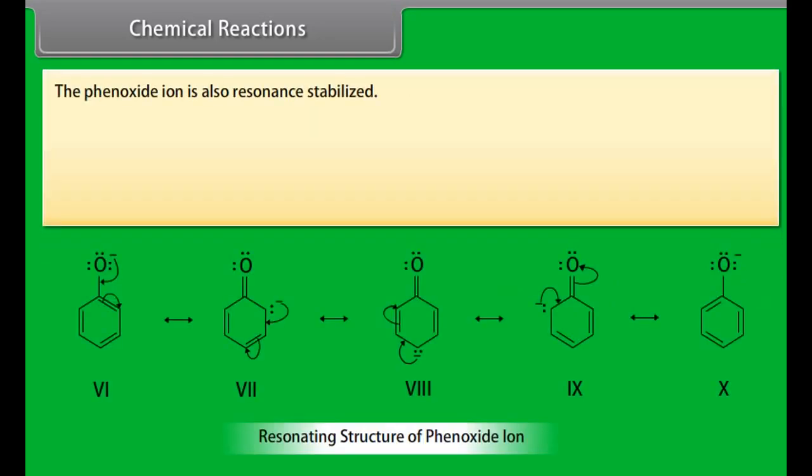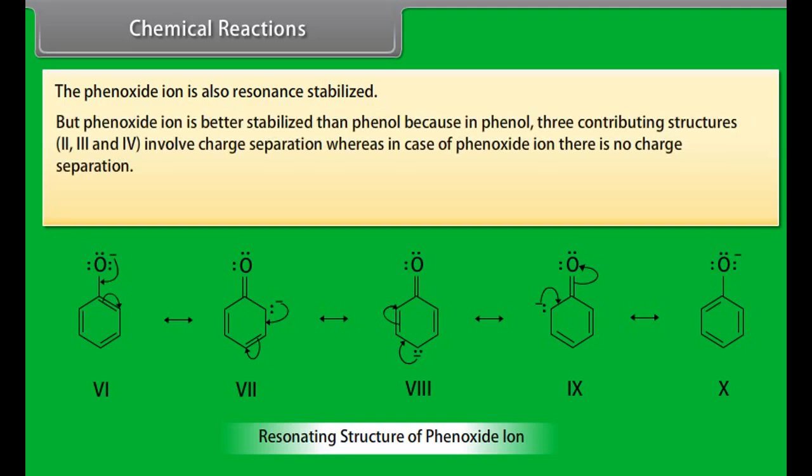The phenoxide ion is also resonance stabilized. But phenoxide ion is better stabilized than phenol because in phenol, 3 contributing structures that are second, third and fourth involve charge separation, whereas in case of phenoxide ion, there is no charge separation.